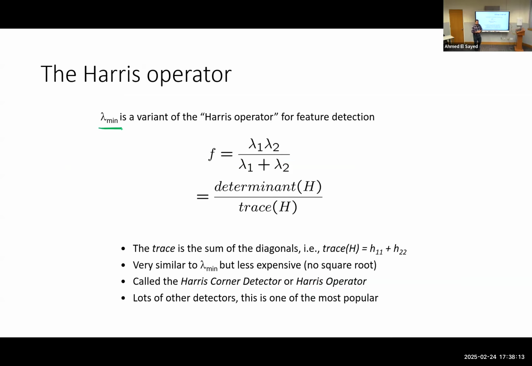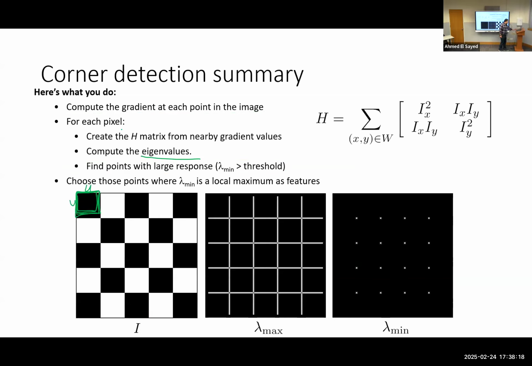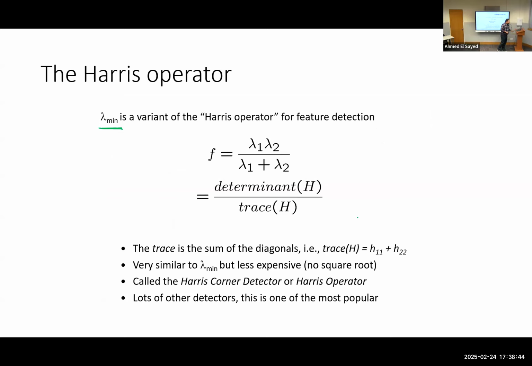Combine both of them. Because if you look here, the point where lambda minimum is maximum, exactly the same point where lambda maximum is what? Is minimum. So why should I use this alone? I can combine both of them and normalize them. And that's exactly what Harris found in his operator.